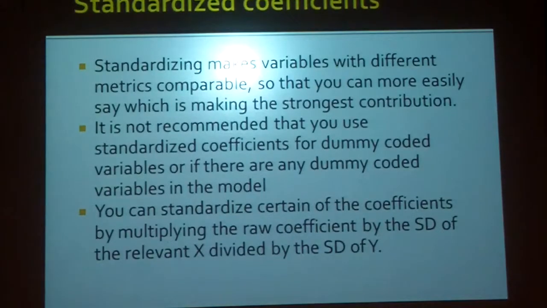So technically what you're supposed to do is run it the regular way, the raw score way, and then transform just the ones that you want to be standardized into standardized beta weights for yourself when you're comparing them in the article.